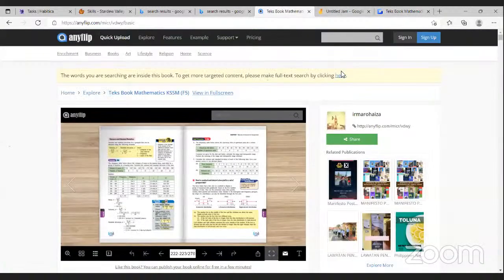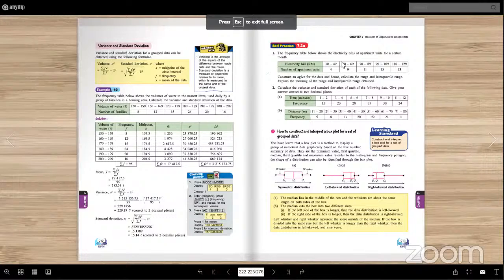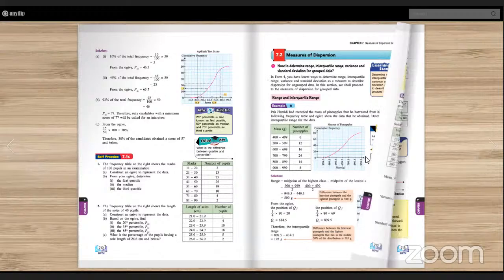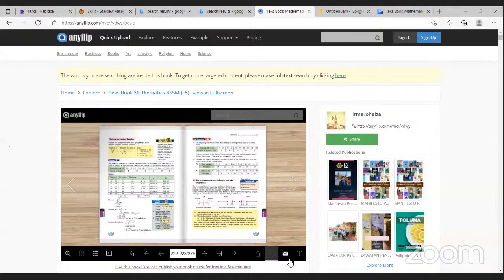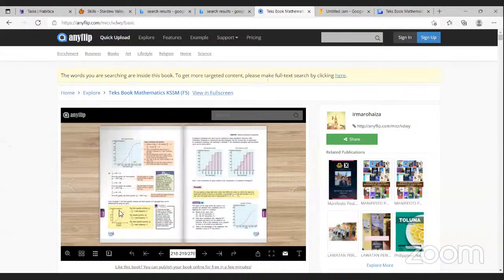So let's say we go into this part, a box plot for a set of grouped data. Let's start by taking this one. I'm going to take a screenshot of this, and then we should be ready to go.